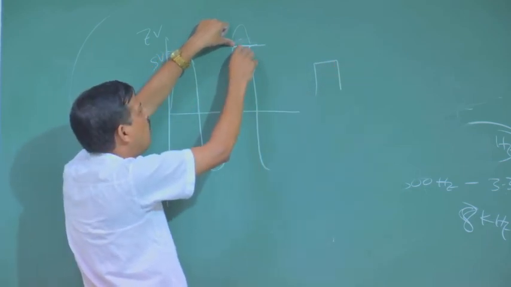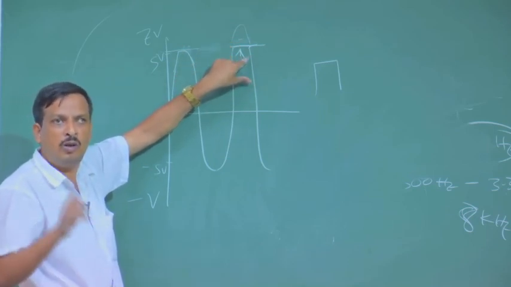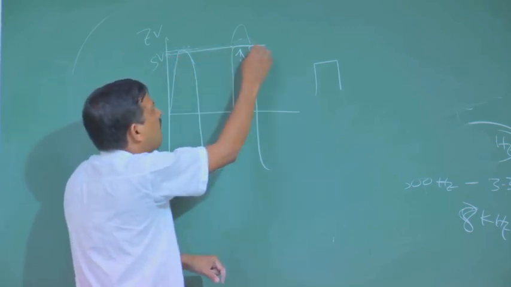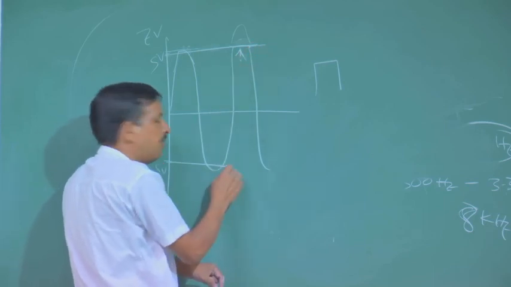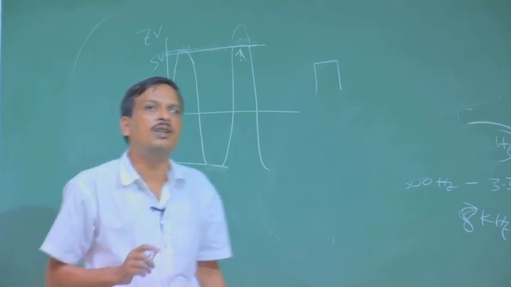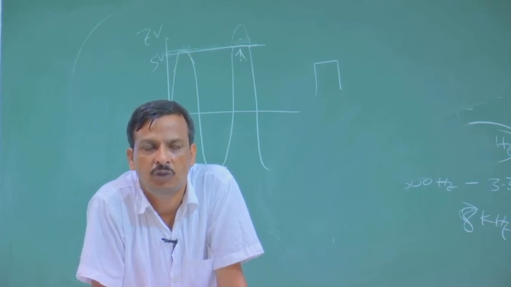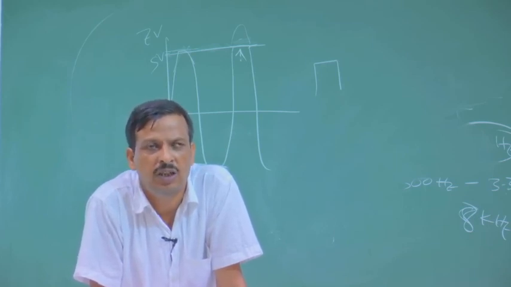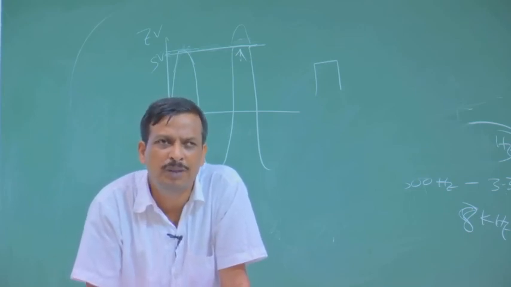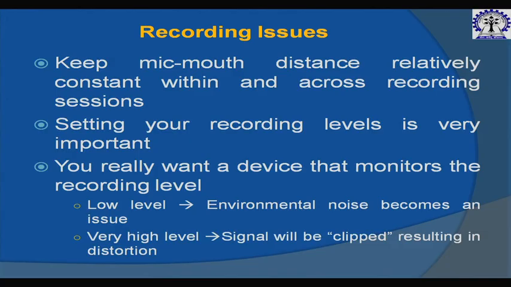So the original frequency components of this signal I cannot get; I get the square wave content, with all its frequency content. If you record a signal which is clipped, then your whole recording purpose is gone, because it develops a lot of spurious frequencies. So be sure the recording level is not clipped.